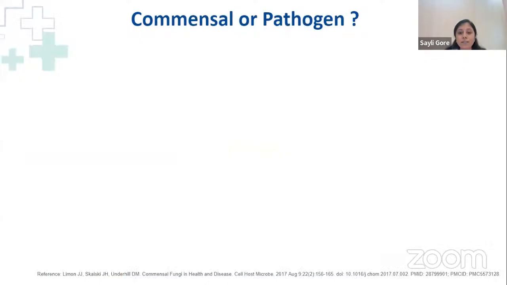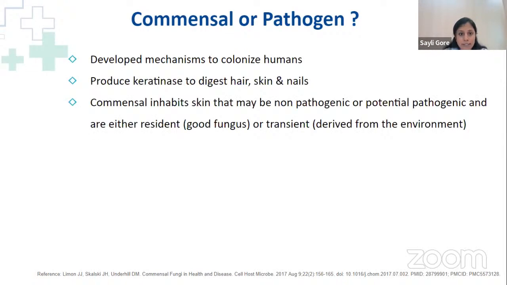So what are commensals? Commensals are those that inhabit the skin, but they are not pathogenic in nature, but can become pathogenic when the normal flora is disturbed or the immunity is compromised.